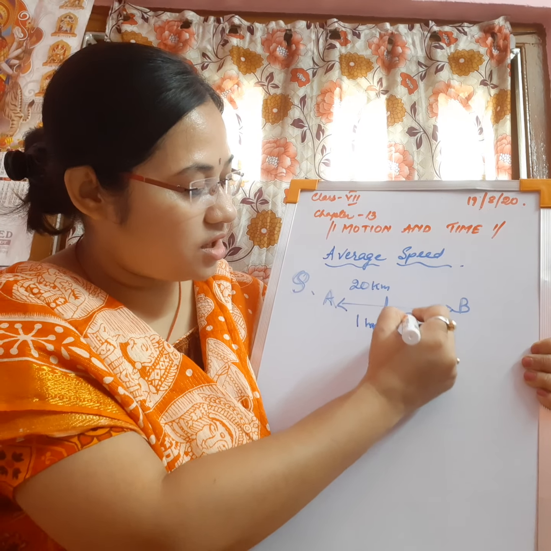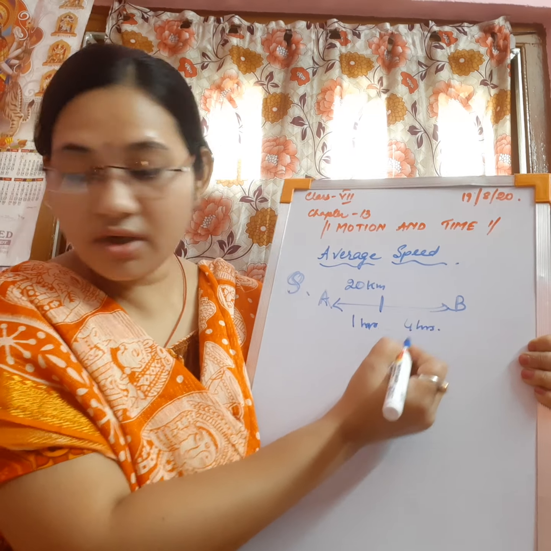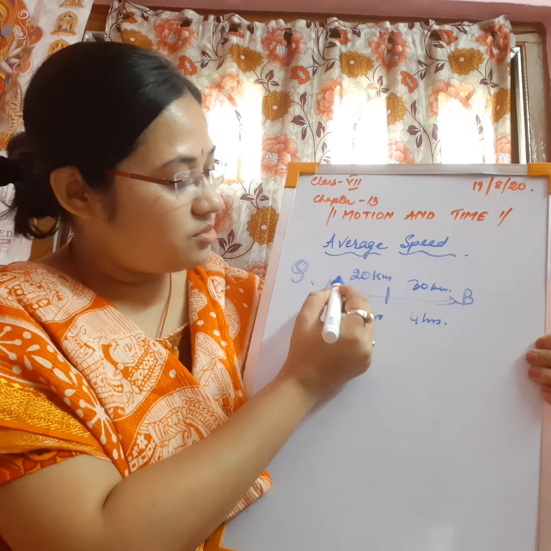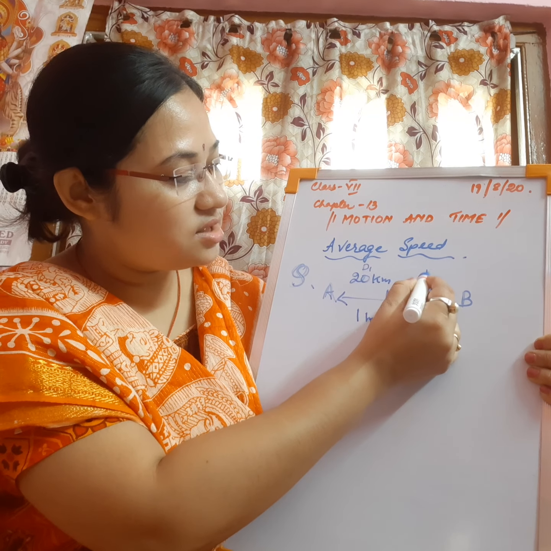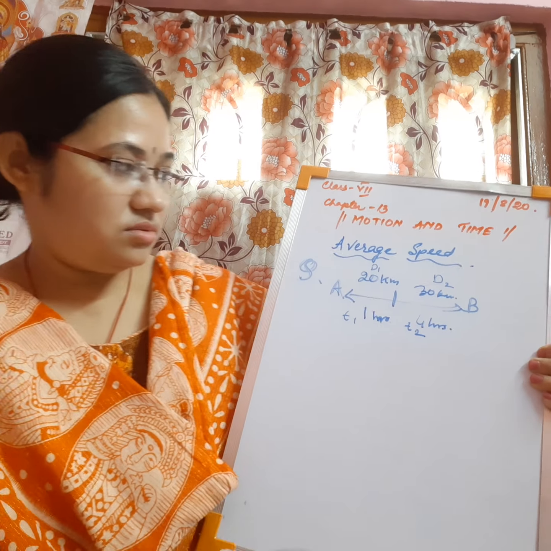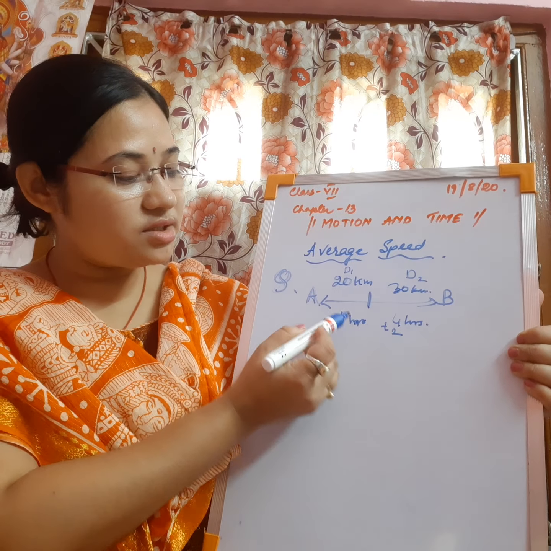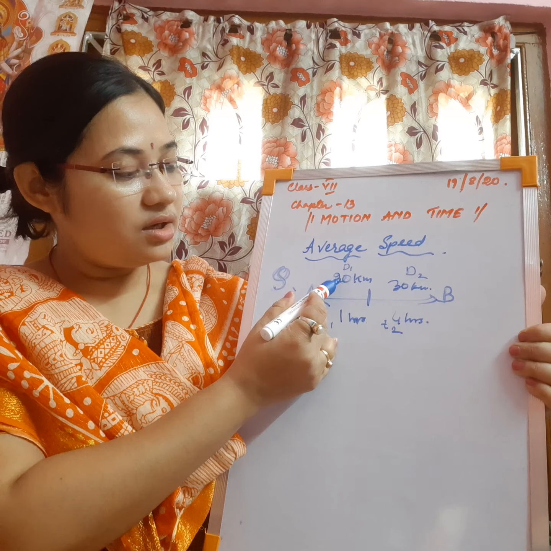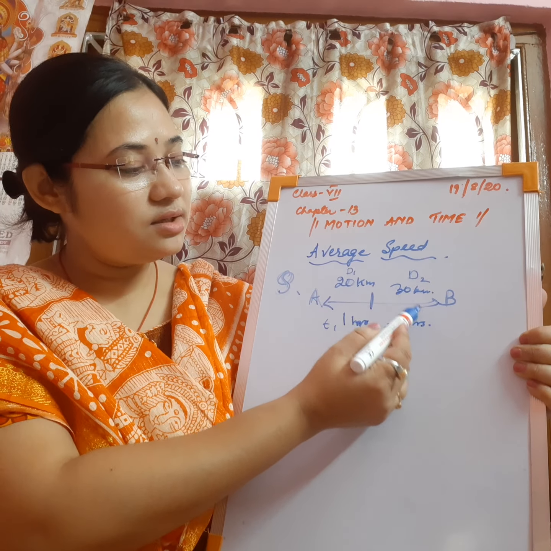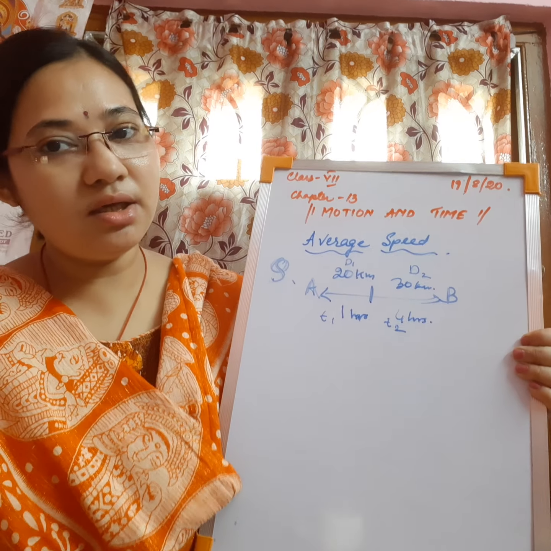That means this is D1, this is D2, this is T1, this is T2. So in the first 1 hour it covers 20 kilometers, and in the next 4 hours it covers 30 kilometers.